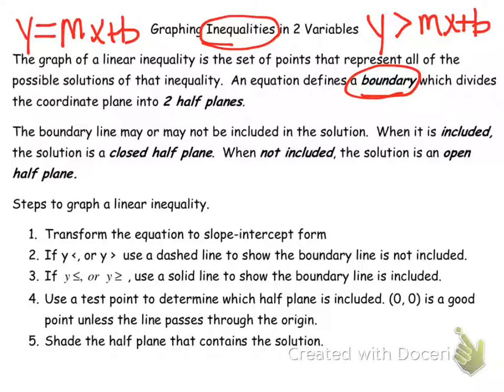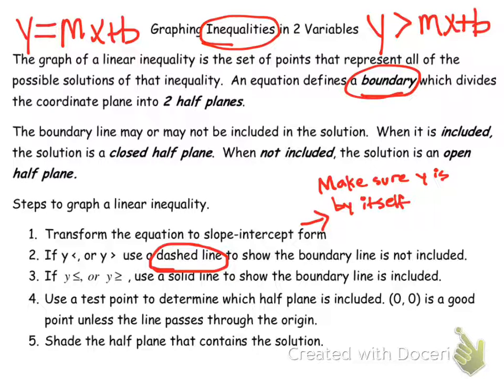All right. So the first one is make sure the equation is in slope-intercept form. This is another way of saying just get y by itself. Now, steps 2 and 3 are an if statement, whichever case that you have. So if you have y is less than or y is greater than, you are going to use a dashed line to show the boundary line, right?